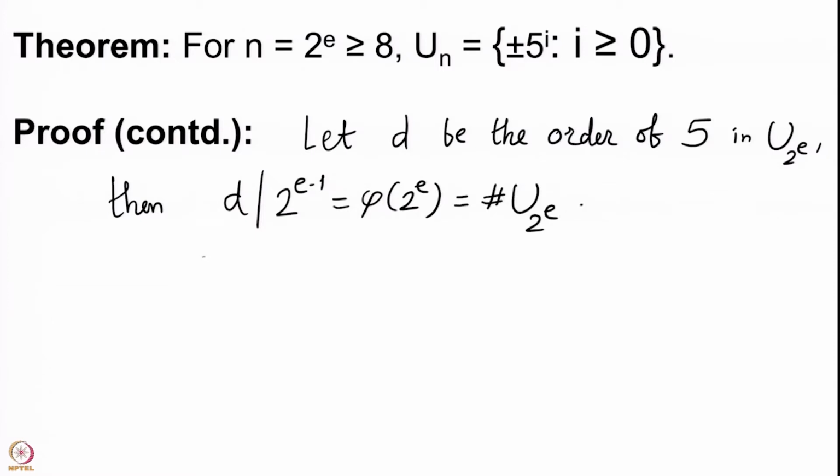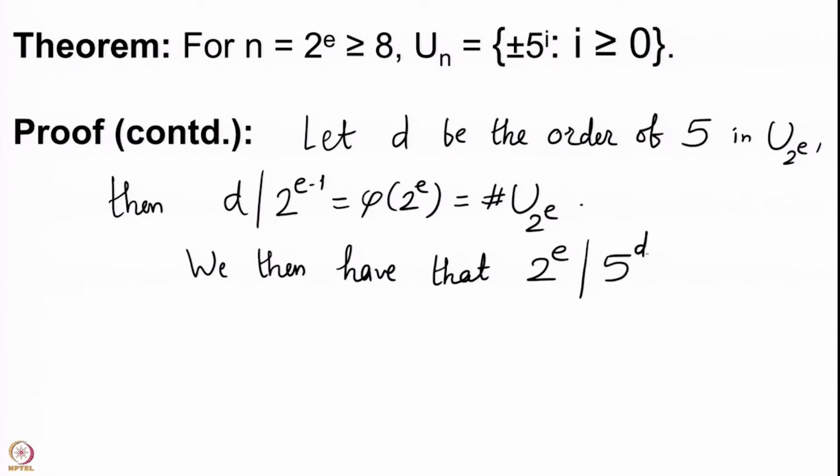We then have that 2 power e divides 5 power d minus 1. This is because the order of the element 5 in U 2 power e is d.